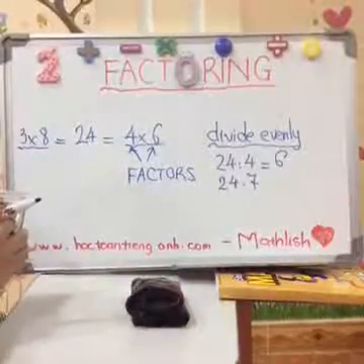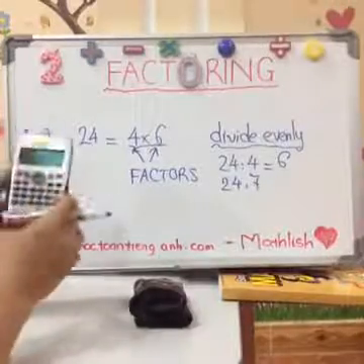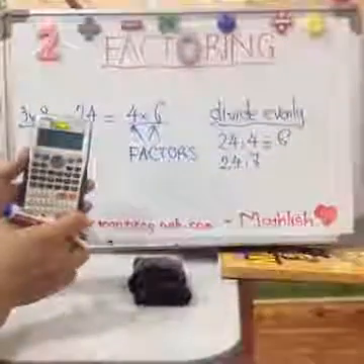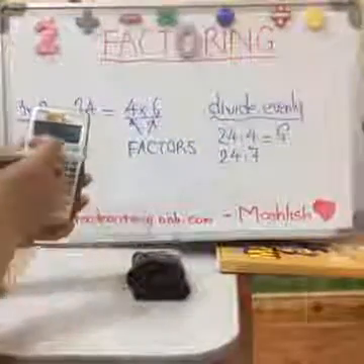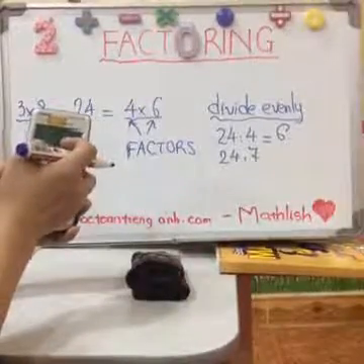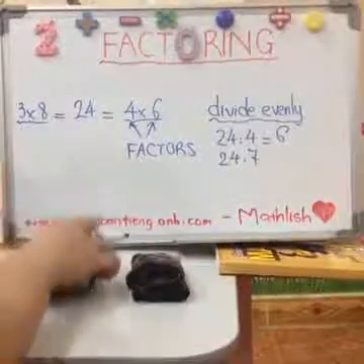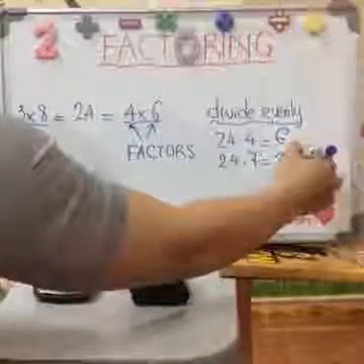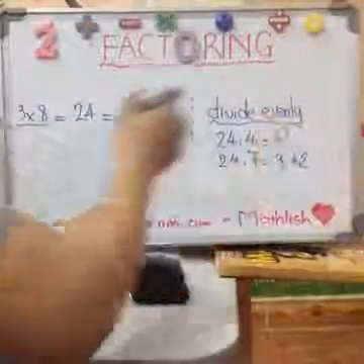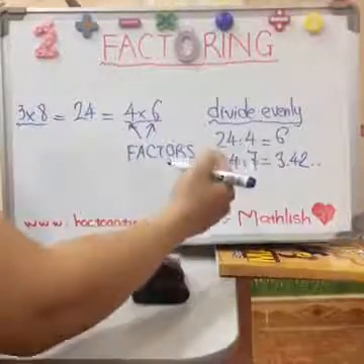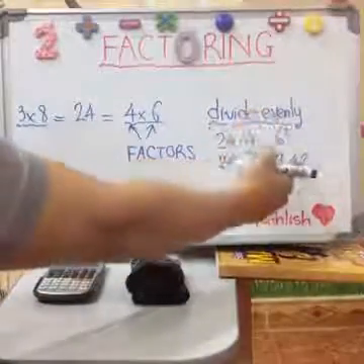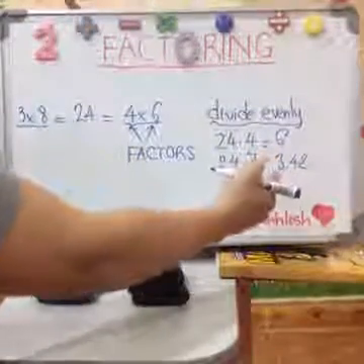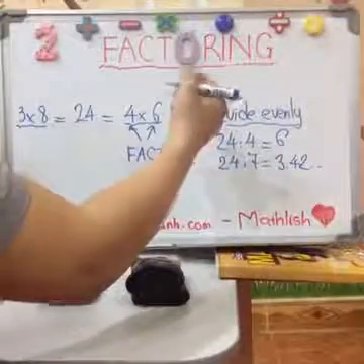If we try 24 divided by 7 on a calculator, we get 3.42857 and so on, a long decimal number. That didn't divide in evenly because there's a big remainder. What we just did is called testing for divisibility.